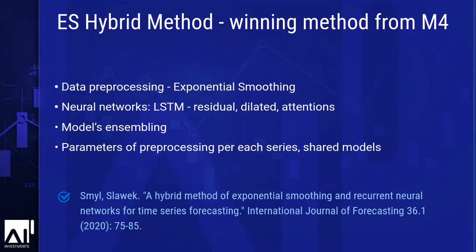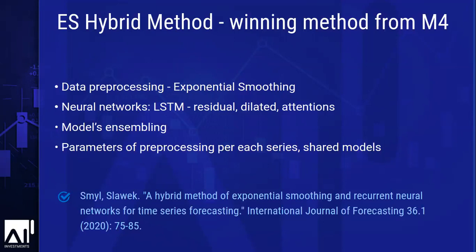The source code is also available, but unfortunately in C++, but it can be rewritten to Python if you prefer that language. The key innovation in that method was, first, the data pre-processing with exponential smoothing, which is nothing new, but what is new is that this data pre-processing is done in the same training loop as the neural networks.